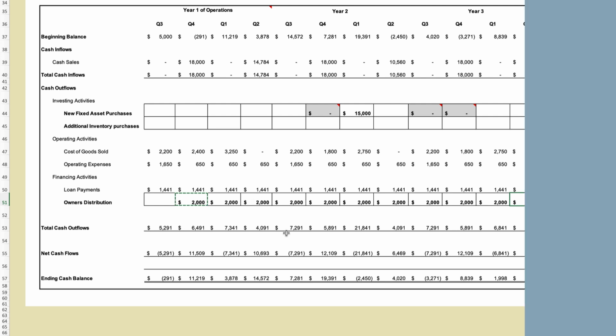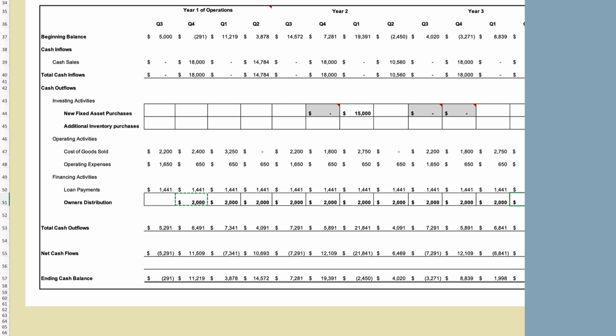Now, let's go to the balance sheet, the budgeted balance sheet or pro forma or forward-looking balance sheet, and see how that looks. Now, keeping in mind that there's a relationship between the cash flow statement, the income statement, and the balance sheet.